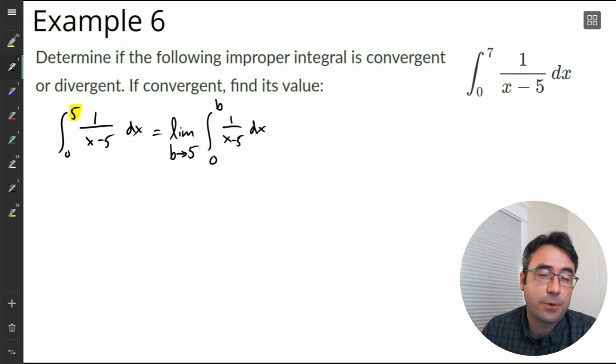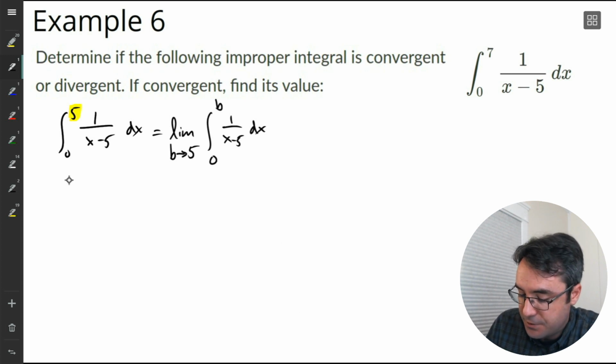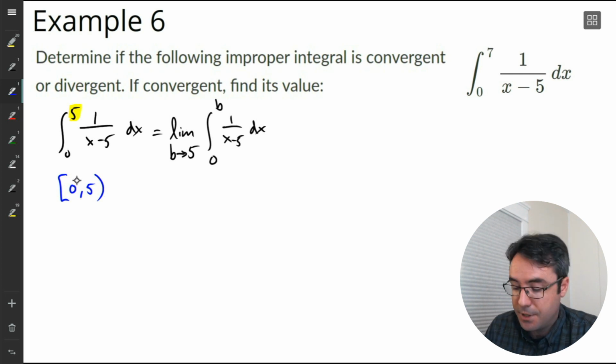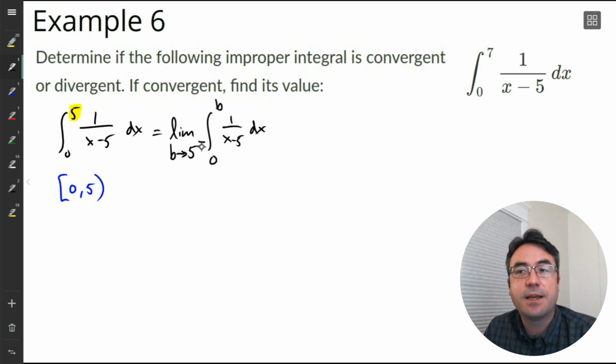We could approach from the right or from the left. If we consider our interval here, we're looking at the interval from 0 to 5, and all of the numbers in this interval are slightly smaller than 5. So we're going to approach 5 from the left. Take a little bit away, we're slightly smaller than 5, so we use that 5 minus notation.